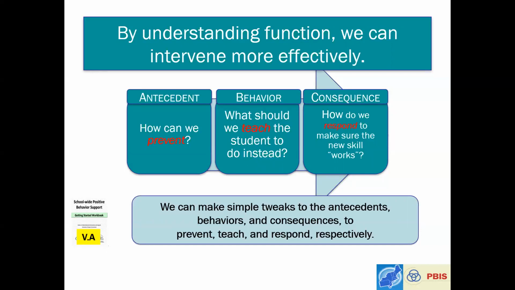Then consider, is there a different behavior that could be taught so the individual can still get or obtain what they want, or avoid what they don't want, but in a more appropriate way? Are there social skills or coping skills that they need to learn? And then the consequence is how we respond to that behavior. The new behavior is strengthened or reinforced, while the inappropriate behavior is diminished based on how we respond.